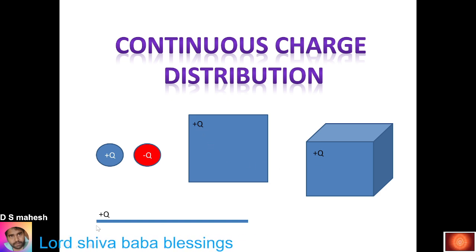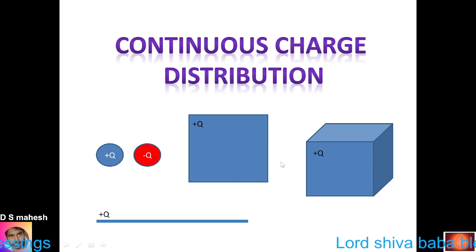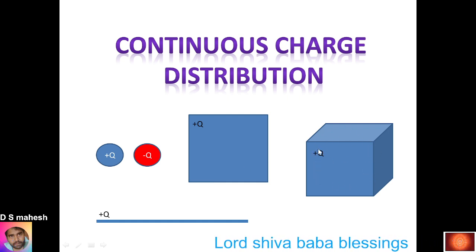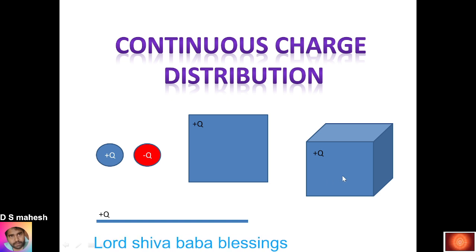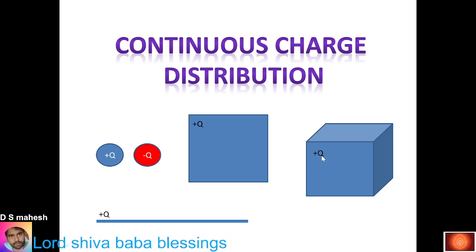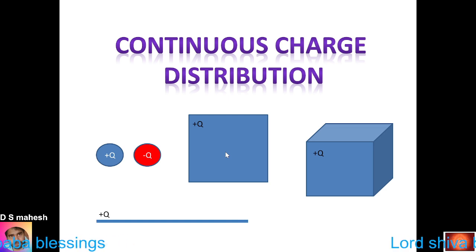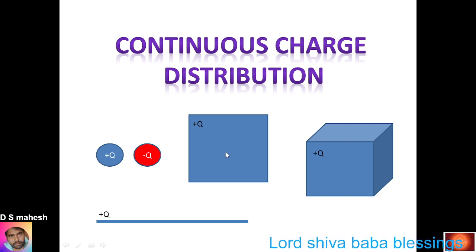Similarly, if we consider a line charge, the total charge on the entire line is plus q. Similarly, if we consider a volume, this cube, the total charge distributed uniformly over it is plus q. Then how do you calculate the force and all the other characteristics for this?